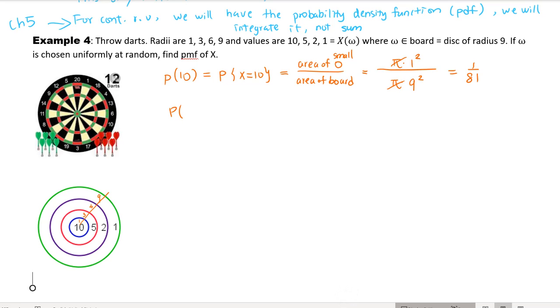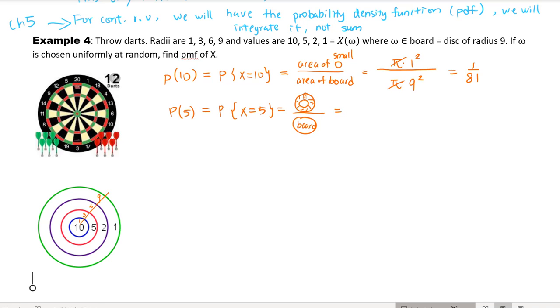And then next, P of 5. Okay, so that's the same as P of X equals 5. Okay, what is this region? Well, this region is actually the annulus, right? You cannot be in the inside circle, because if you're in the inside circle, you get 10 points instead of 5 points. So 5 points is like the annulus. So it's the area of this annulus over the area of the entire board.